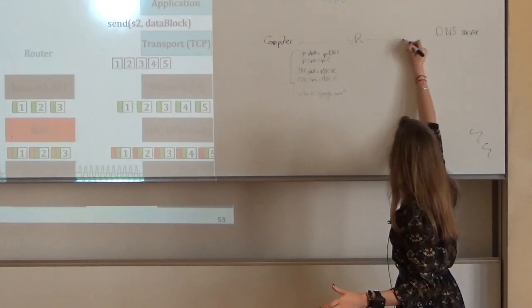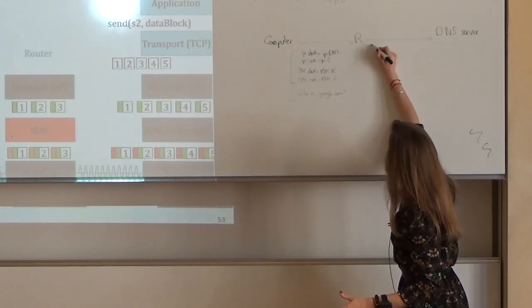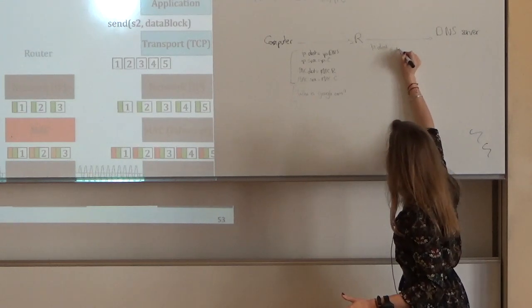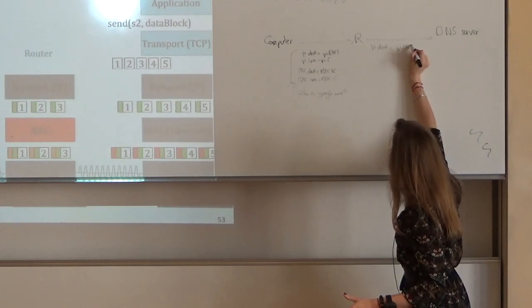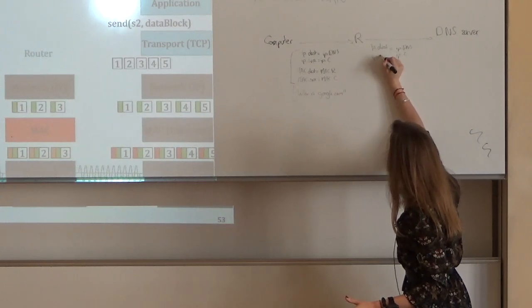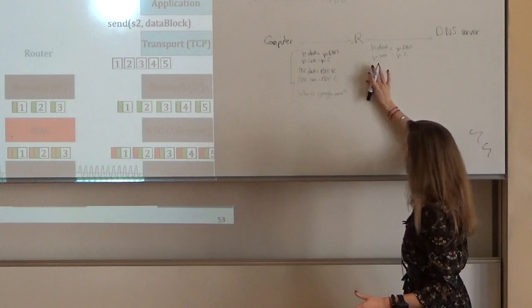And so he will forward this message where the IP destination and source will not change. So it's still IP DNS and IP computer for the source. Okay, this does not change.